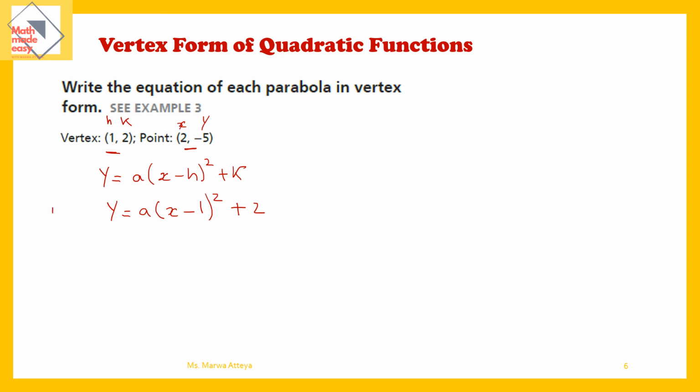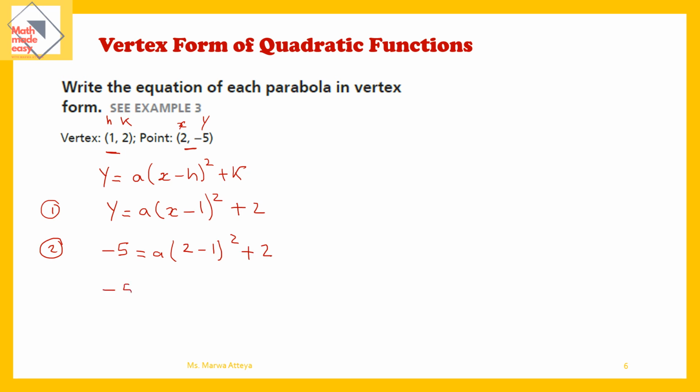So we did step 1, which was just substituting for h and k. Step 2 we're going to do is substitute for x and y. So y is -5, equal to a multiplied by (x, here x is 2, minus 1) all squared plus 2. Let's simplify.